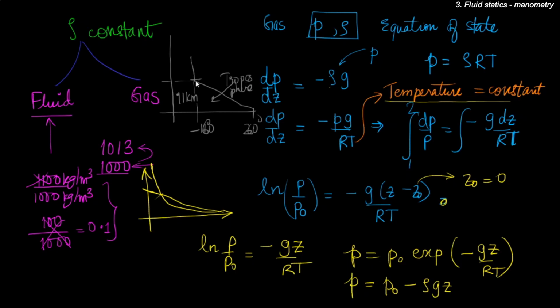Then it remains constant for a while, after which it increases slightly. The slope of the temperature curve is called the lapse rate. So temperature goes from T naught at the surface minus beta times Z. This is called the lapse rate.